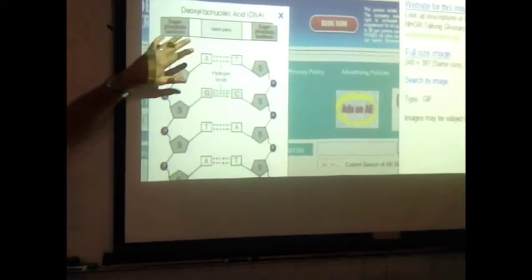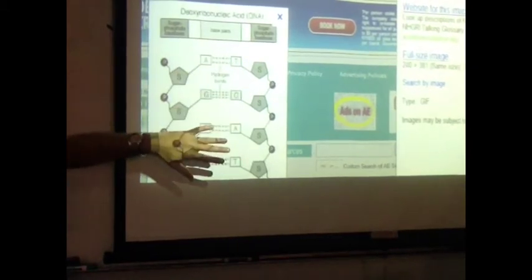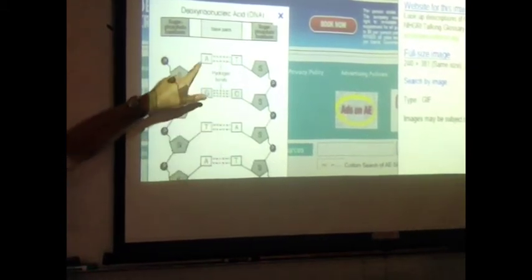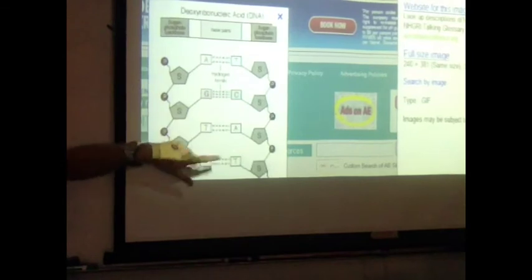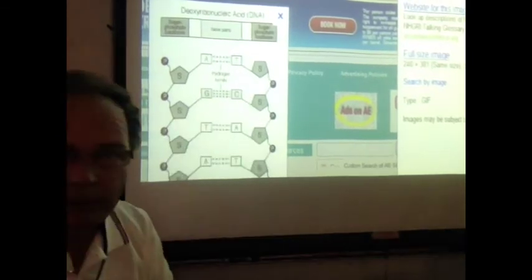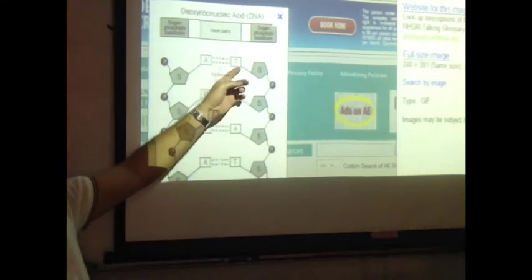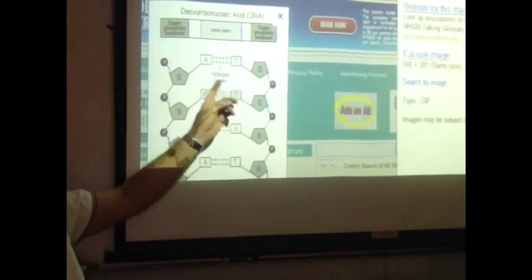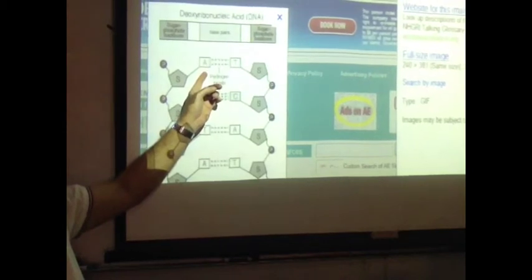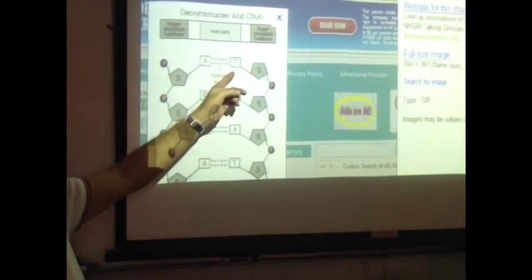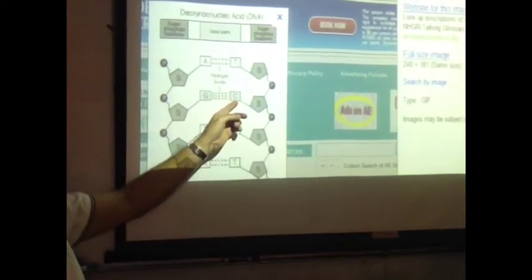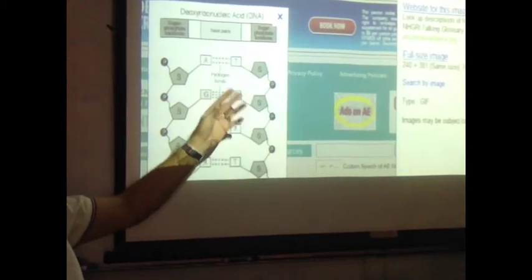Notice that the only variety that occurs in a DNA molecule turns out to be the nitrogen bases. Now, you're lucky there's only 4 of them. There's only 4 nitrogen bases to be concerned about. An A and a T, a G and a C. And the A stands for adenine, thymine, guanine, cytosine. These are molecules.